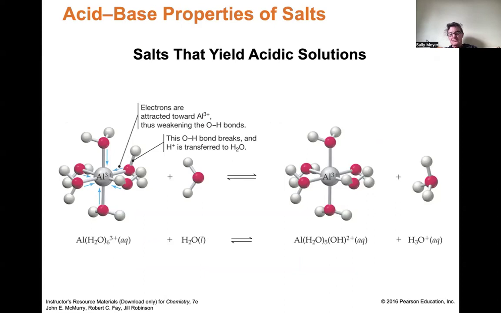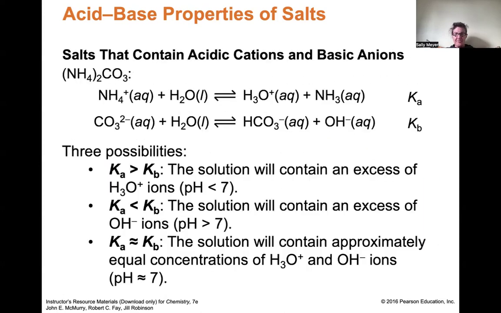If you weaken the OH bond, then you're going to pull off a proton and make water into H3O plus. I won't ask you to do any problems with Lewis acids and bases, but just to understand the concept that it's a much more general definition of what an acid and a base are: electron pair donors and electron pair acceptors.